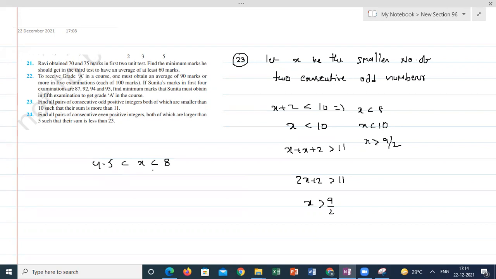If you take 10, you have to take the common interval of all the conditions. You have to mark the number line 0, 1, 2 up to 8, 10.